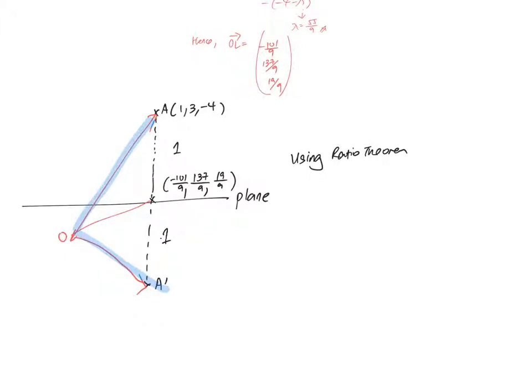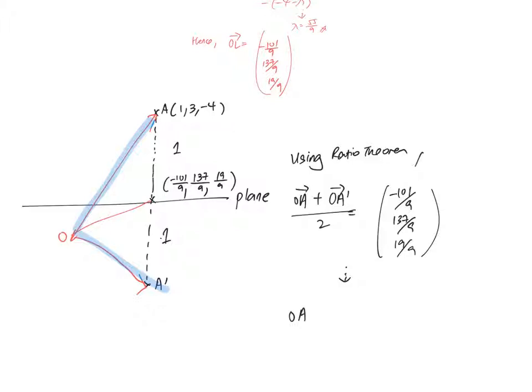OA plus OA prime over 2 is the midpoint. Just solve this slowly. You should get OA prime equal to (-211 over 9, 247 over 9, 74 over 9). That's for OA prime.